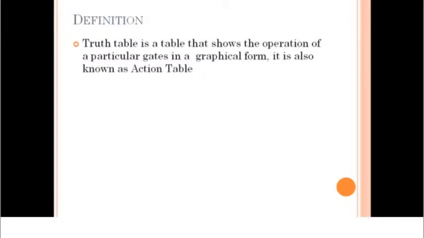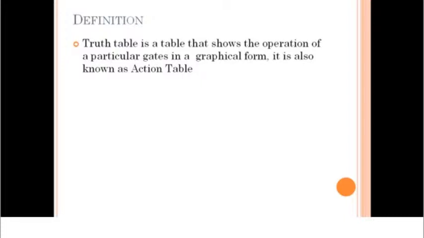What operation? The operation of a particular gate. What gate? Maybe AND gates, OR gates, any of the gates. Instead of representing the gates in graphical form, we represent them in another form, that is in tabular form. That's just all it means.